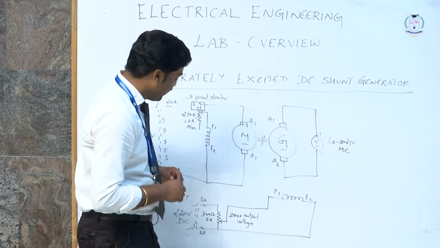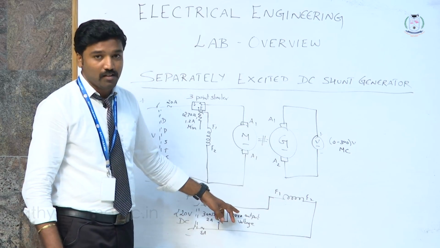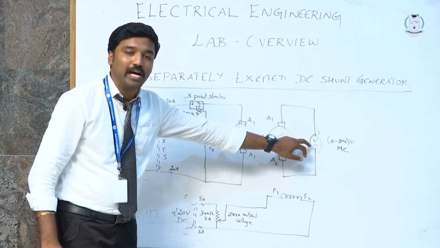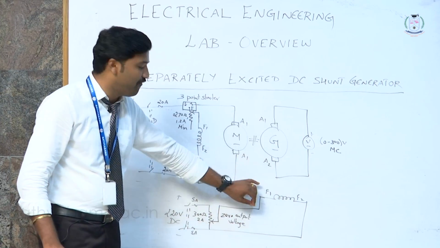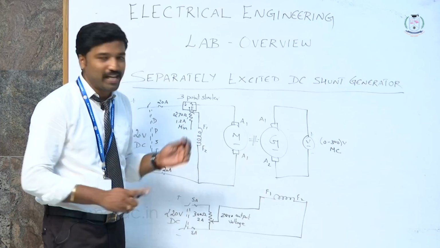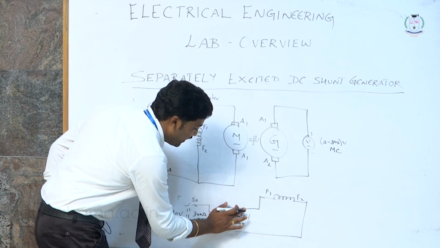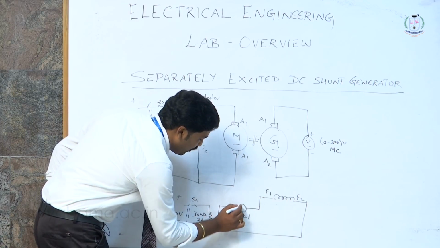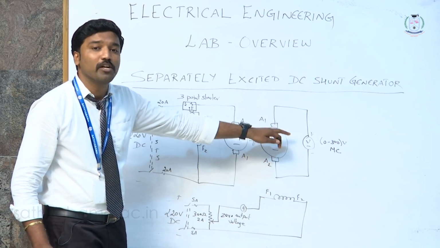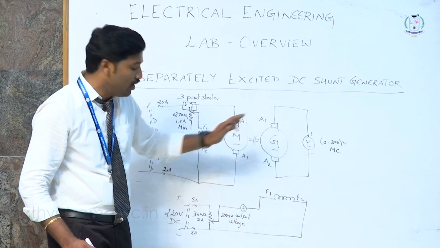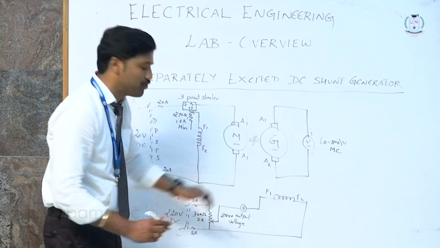And any other meters required? Yeah, one more meter is needed. As we have measured the voltage of your generator, meanwhile the current supplied to your field also has to be measured. That can be measured by adding an ammeter in series to your field. So we are supposed to connect the voltmeter in parallel to your armature, and the ammeter should be connected in series to your field.